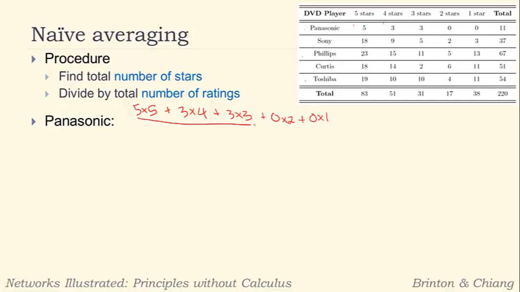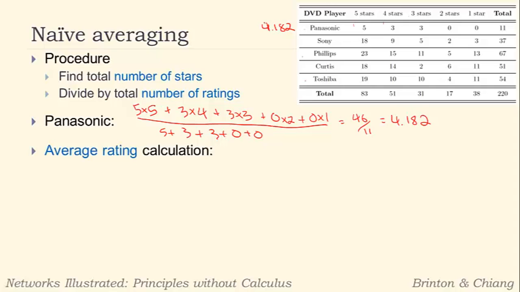And then we divide that by the total number, which is 5 plus 3 plus 3 plus 0 plus 0, which is 11. When we do this out, we get 46 over 11, which is equal to 4.182. So for the Panasonic, the average is 4.182. We can just write that here.